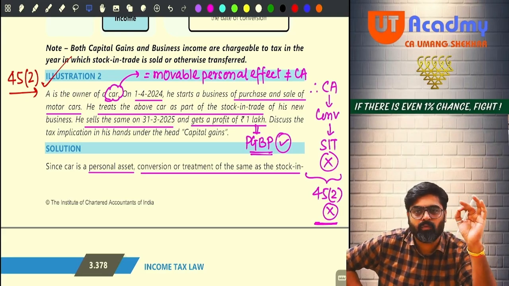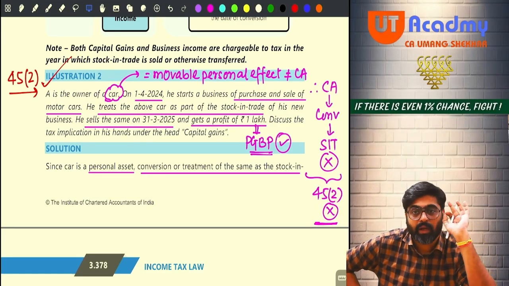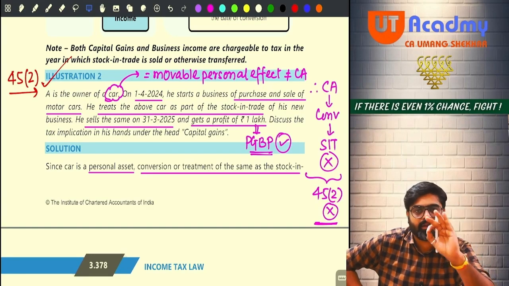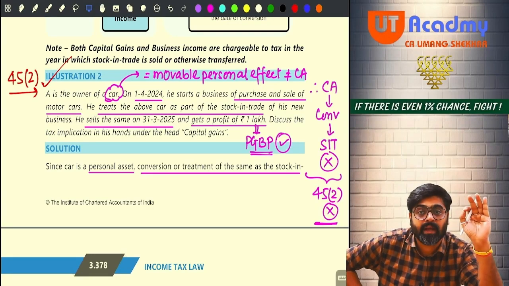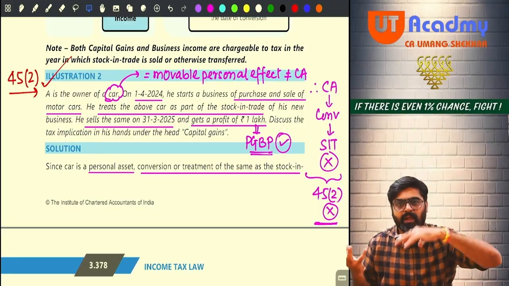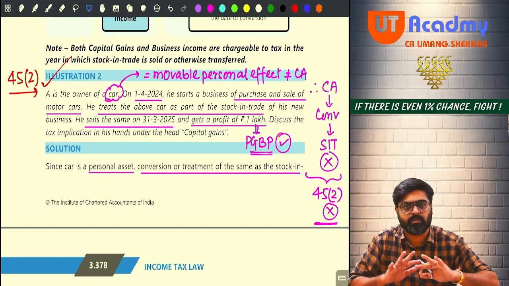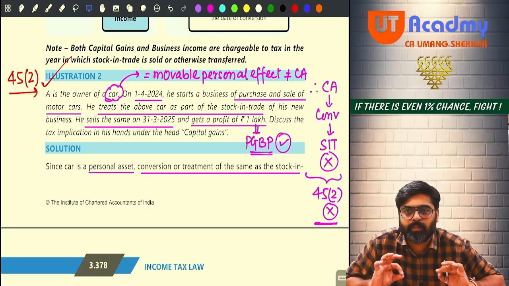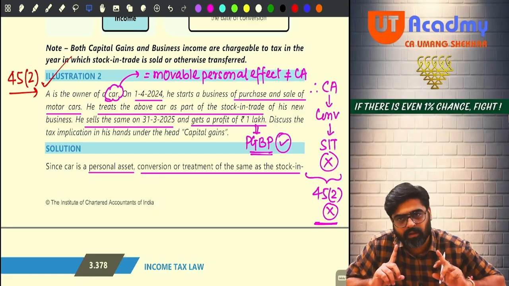No capital gain will result. Entire profit, 1 lakh, will be taxable under the head PGBP only. Out of this, something under capital gain, something under PGBP, that you are not supposed to do here. Will you remember? Easy question, difficult question, easy question.